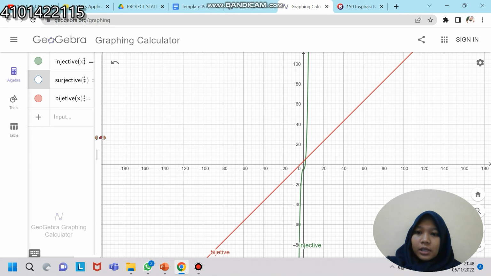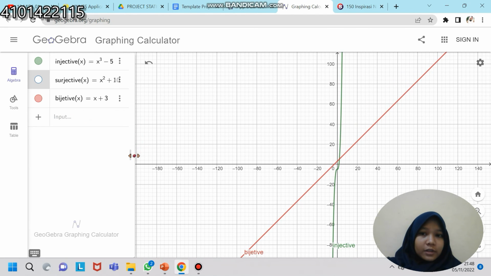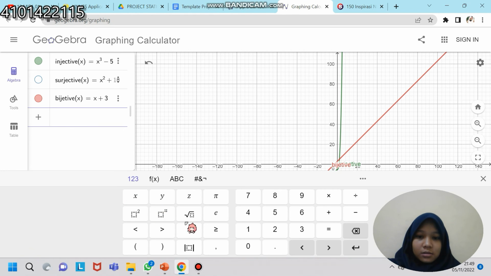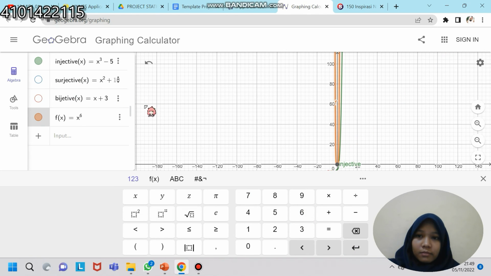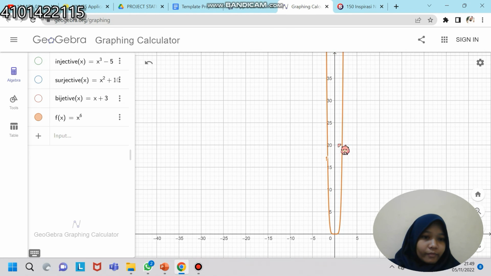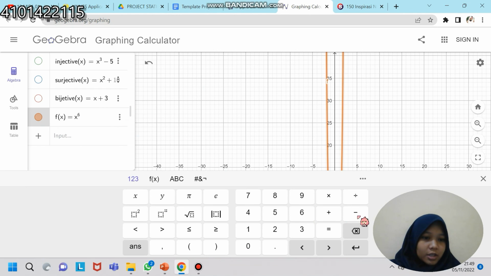And then, if you are curious how we try the others, like if there is x power of 6, okay, then this is the shape. If you cannot see well, let's try things a little.